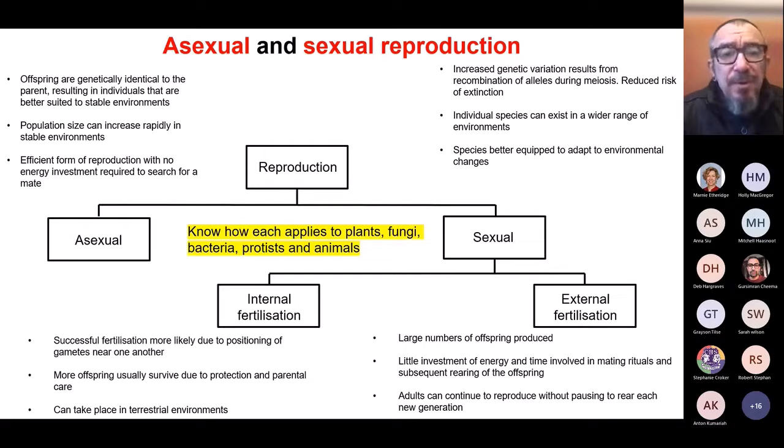And then jumping over to sexual reproduction, the significant advantage of sexual reproduction is that it increases the genetic variation within the population, and therefore they're typically at reduced risk of extinction, or of being wiped out within a particular area if environmental conditions do change.